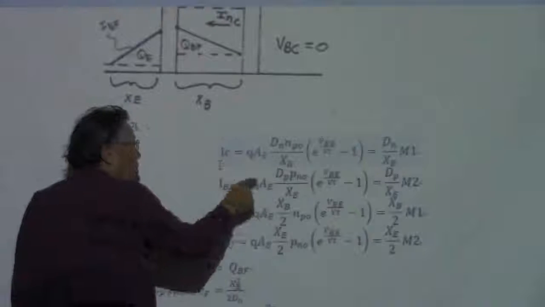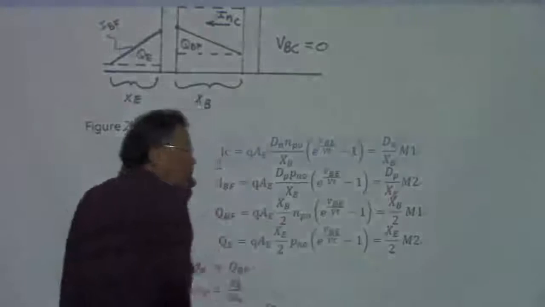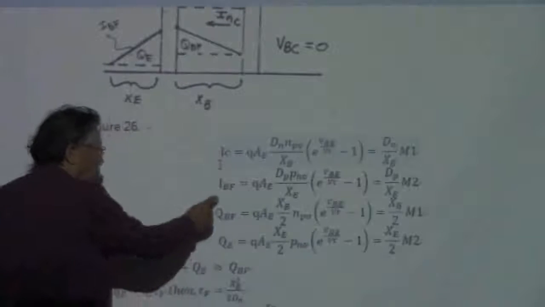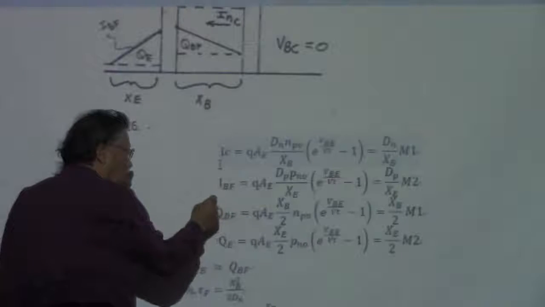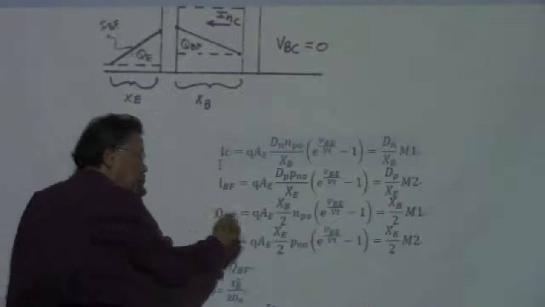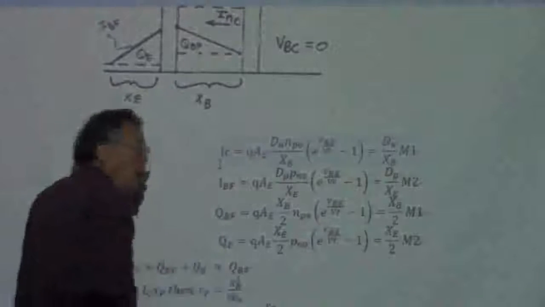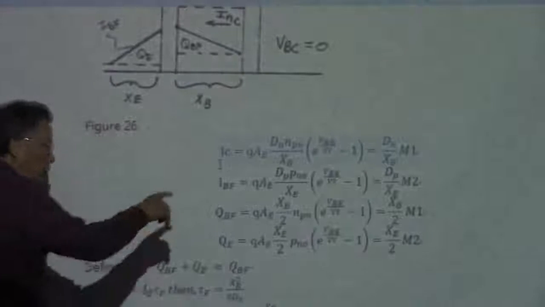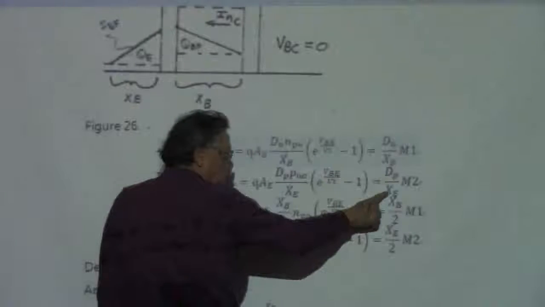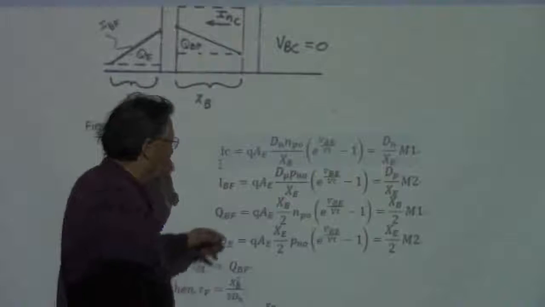So the collector current can be said as the diffusion coefficient, space charge region, and M1, something like that. Okay, here the base current in the forward mode, forward bias, can be expressed with just the diffusion coefficient of the hole and the emitter side space charge length. Okay, and then M2. M2 is just this, I think.